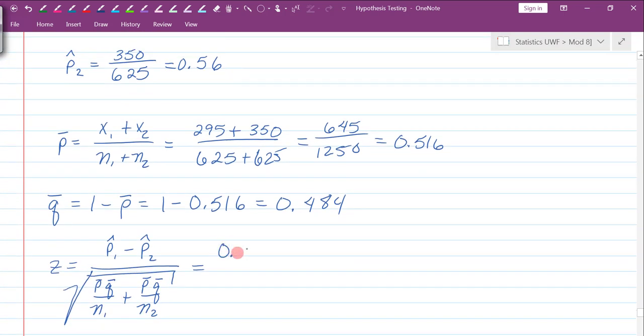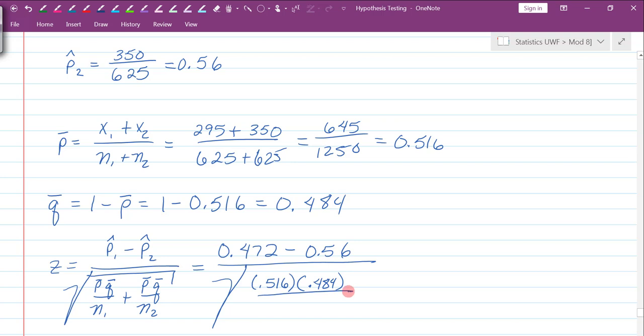So it's 0.472 minus 0.56 for P hat 2, divided by the square root of P bar, which is 0.516, times Q bar, 0.484, divided by N1, which was 625, plus P bar again, 0.516 times 0.484 Q bar divided by the sample size for sample 2.